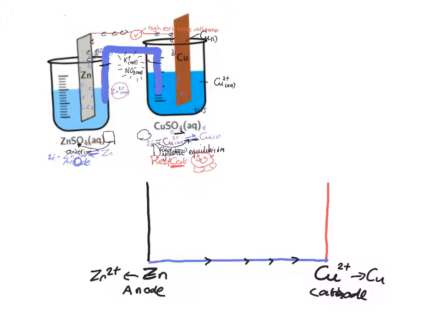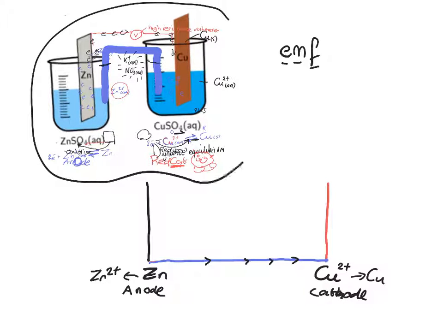The high resistance voltmeter actually stops the flow of electrons, so a potential difference builds up between the two half cells, and something called an EMF, or electromotive force, is generated. This is also known as the potential difference. The two half cells, half and a half, make one, so the whole thing is called a cell.